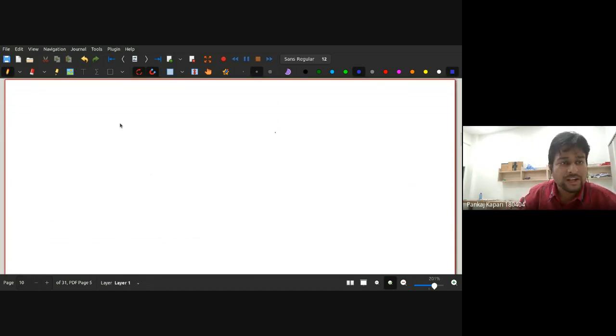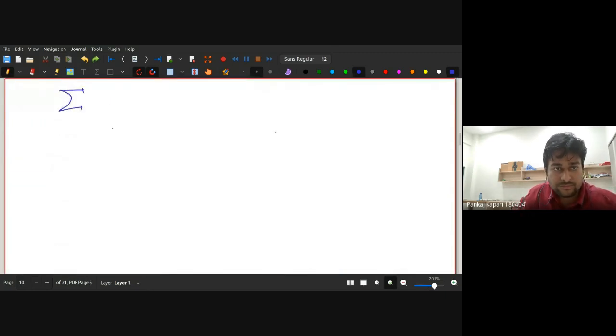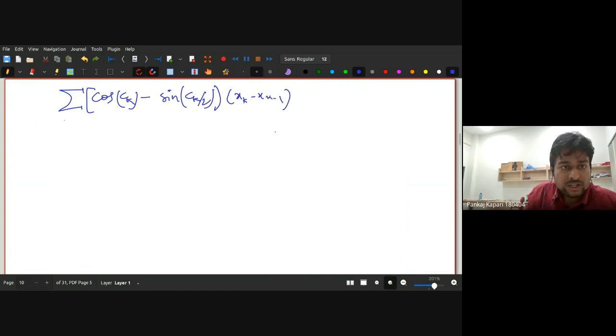Because the function is integrable, the limit must exist, and the limit is the integral. So now we can find the limit using the integral, right? We have to find the limit of the sum of cos ck minus sin ck by 2 into xk minus xk minus 1, where the norm of our partition goes to 0.